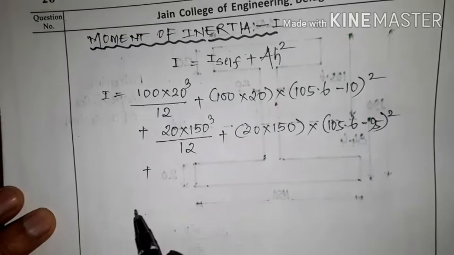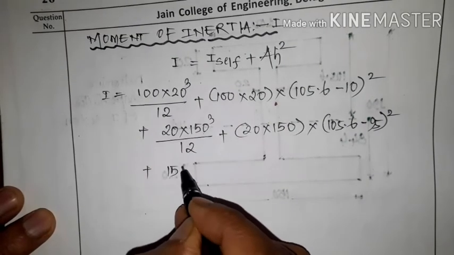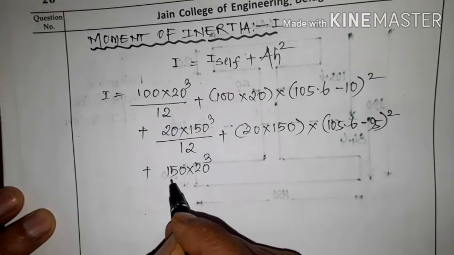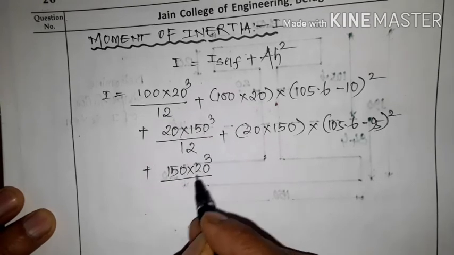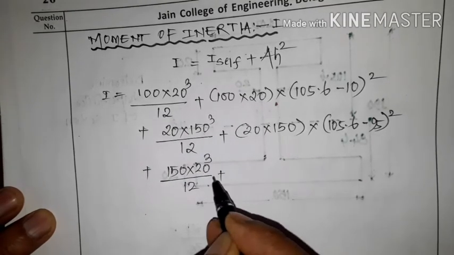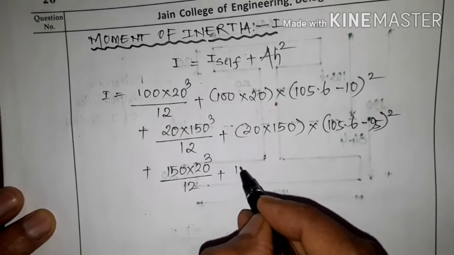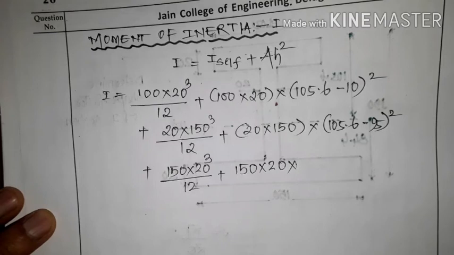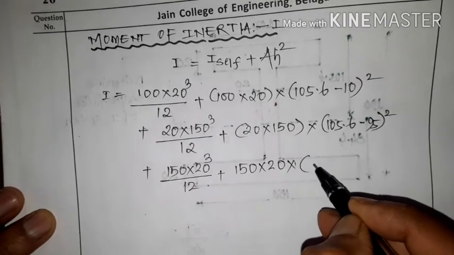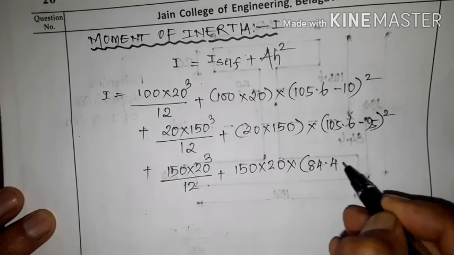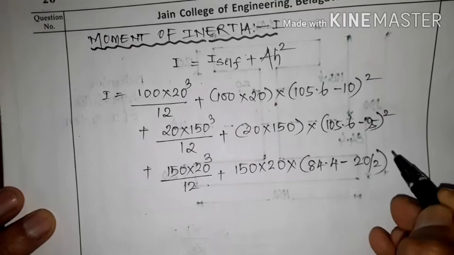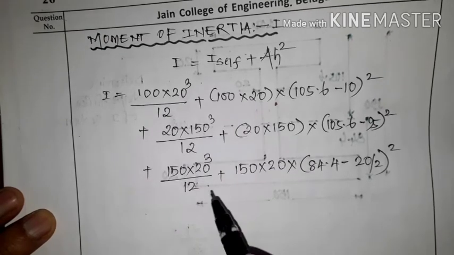Now for the bottom flange, b is 150, t is 20, so I is bd cubed by 12 plus area A, which is 150 into 20, into h squared. Here h is, from the bottom we already have 84.4 minus 20 by 2, that is 10. I will just explain.